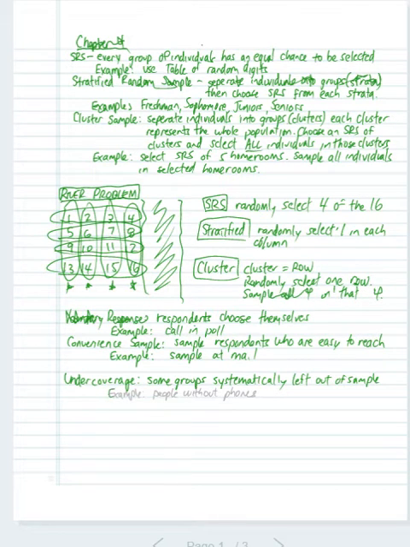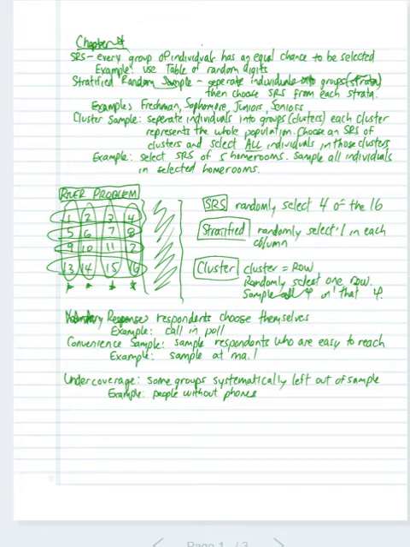And the example that I like to use in my mind for this one is that sometimes they will take samples using telephone numbers, and of course, the people that are left out of that sample are the people without phones. So they are undercovered. So we'll say people without phones are undercovered.